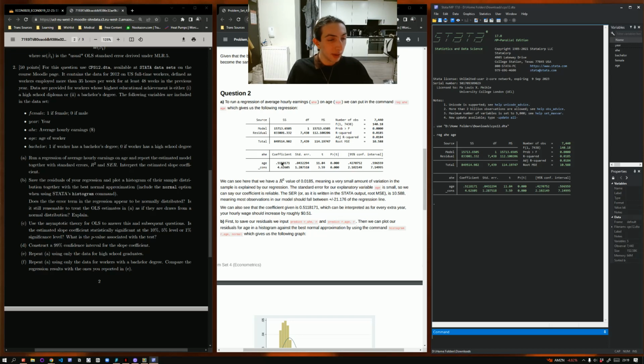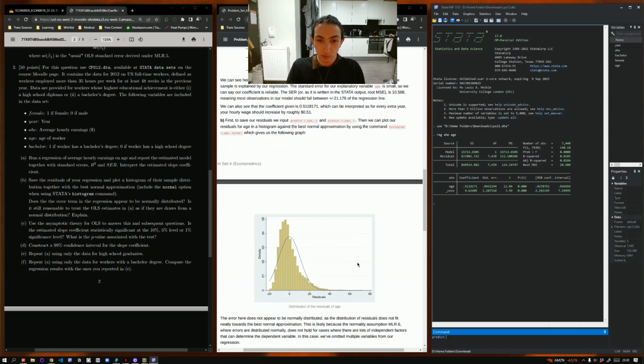Then we have to save the residuals and plot a histogram of the sample distribution together with the best normal approximation, including the normal option. Let me show you how this is done. First of all, saving the residuals is about using the predict function. The command is predict r_age, r.